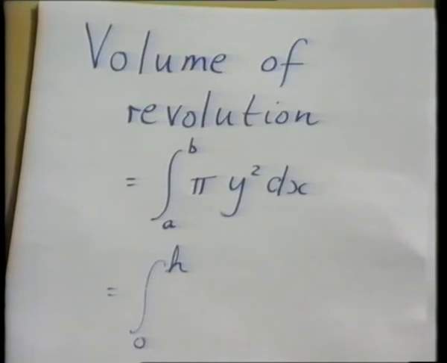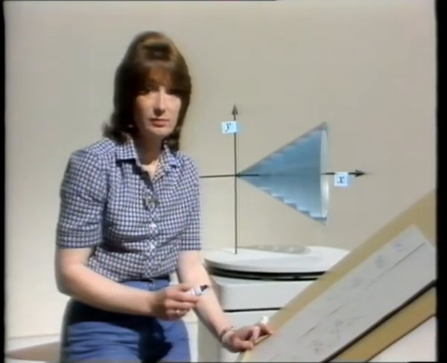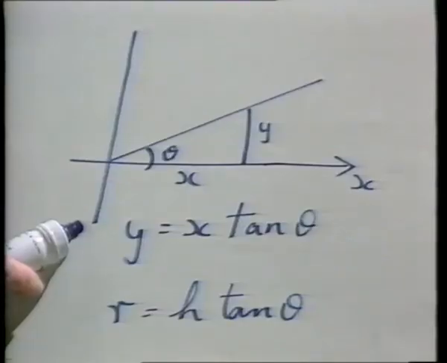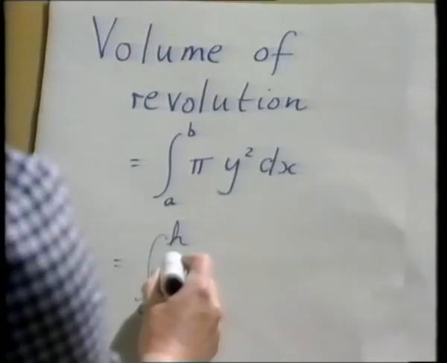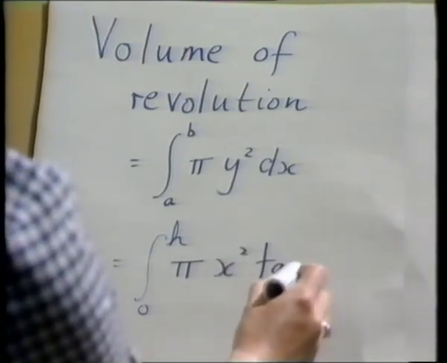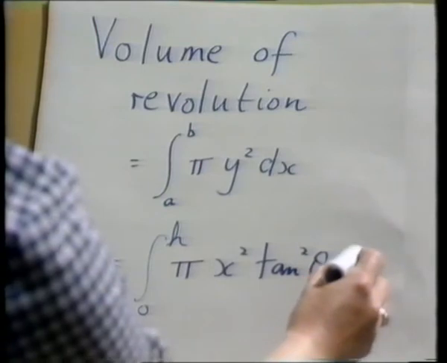Second, we put y in terms of x. Now we can see that y is equal to x tan theta. And so the volume is the integral from 0 to h of pi x squared tan squared theta dx.